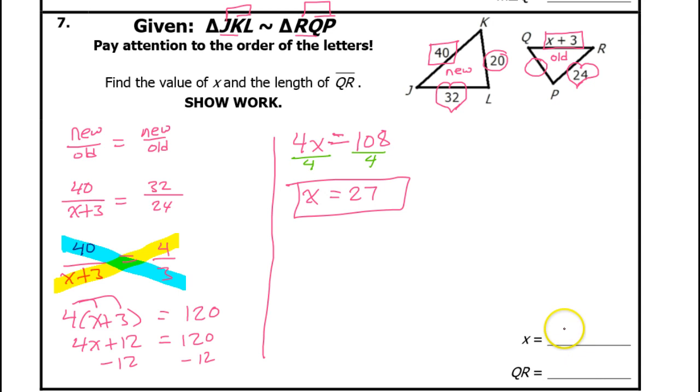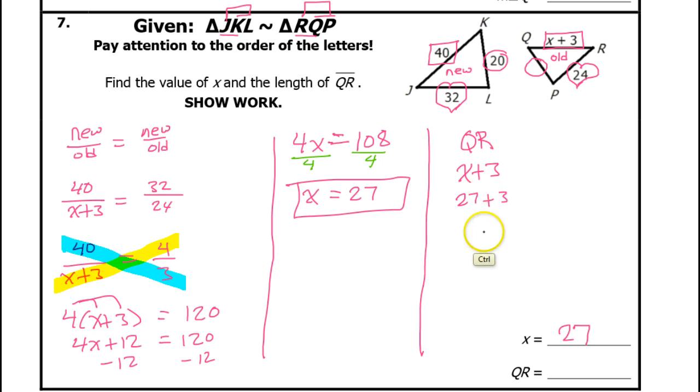Alright, so we were supposed to find that, so x is equal to 27. But then we're supposed to find QR as well. But we know that QR has the expression x plus 3. So if x is 27, then that's 27 plus 3, which is 30.